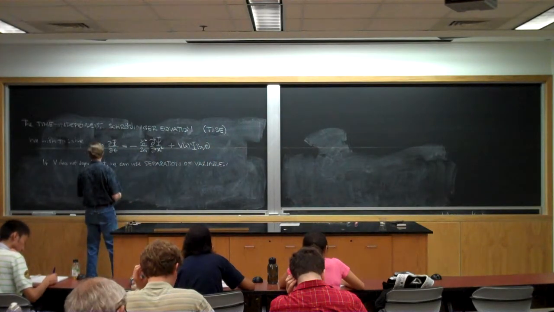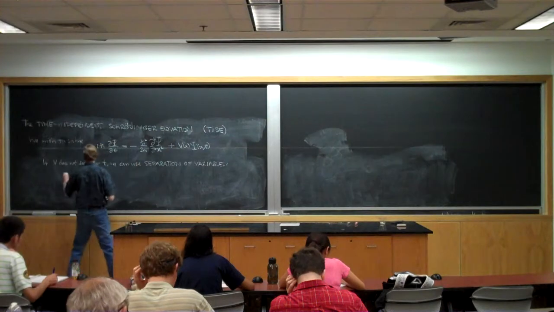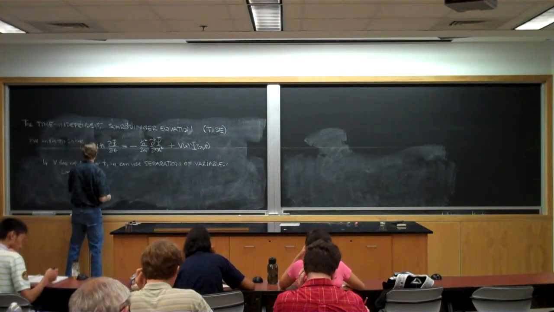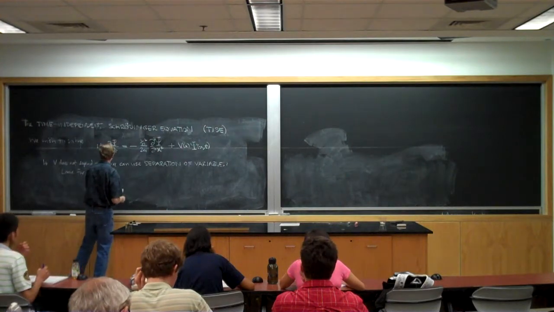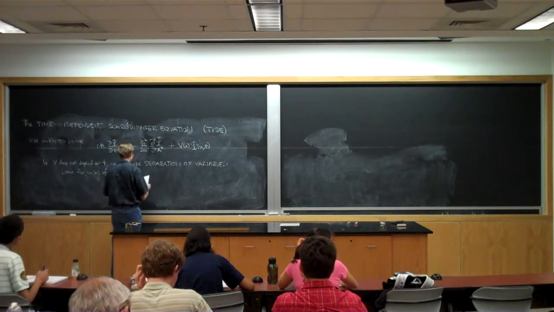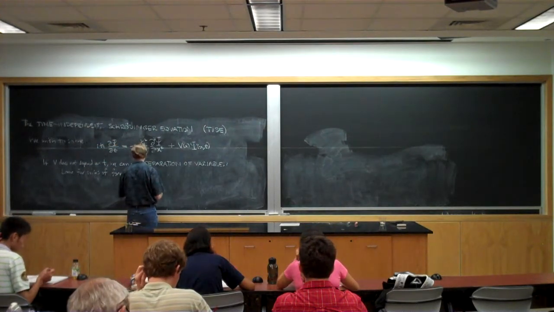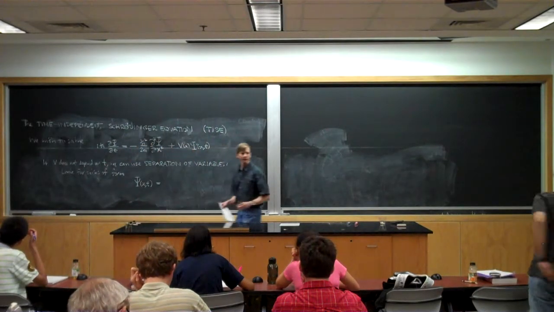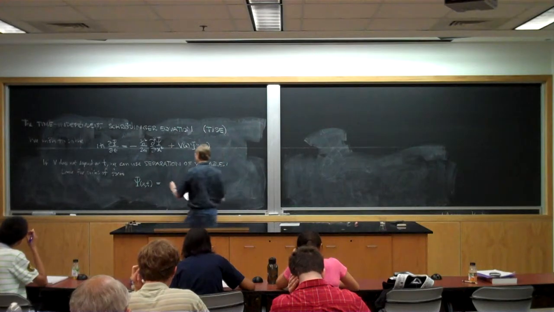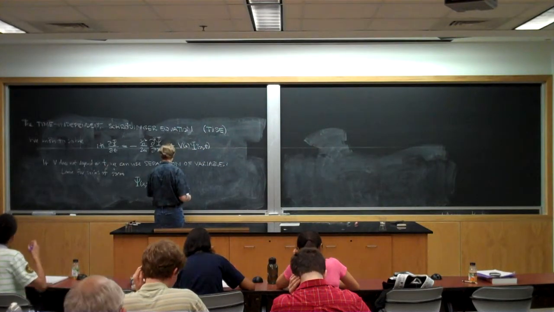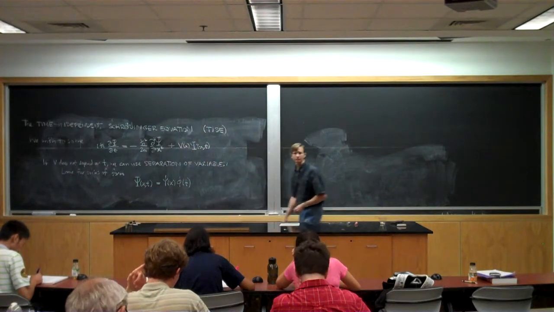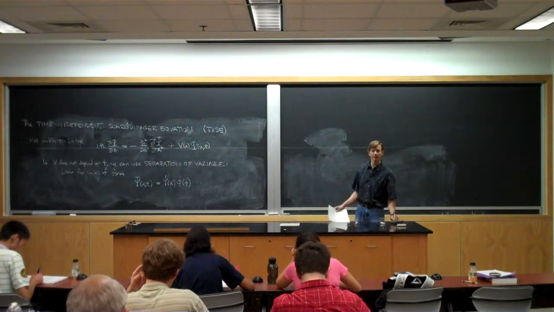So we look for solutions of the form big psi as a function of x and t is equal to psi of x phi of t, some function of x times some other function of time.